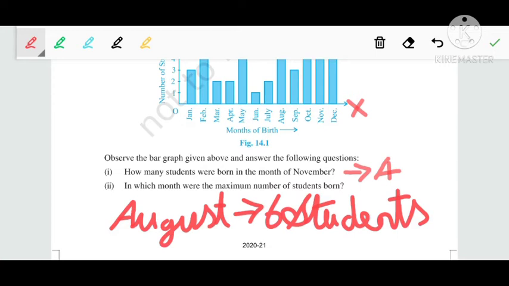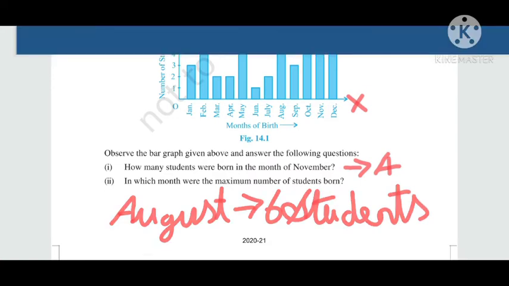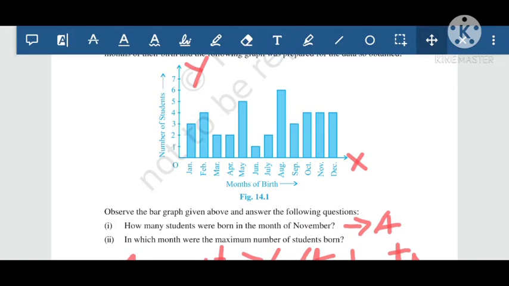You just put question number 1, how many students were born in November, and we can frame so many questions. If I ask another question: in which months is the birth rate equal, and how many students are there? You can see February, October, November, December.